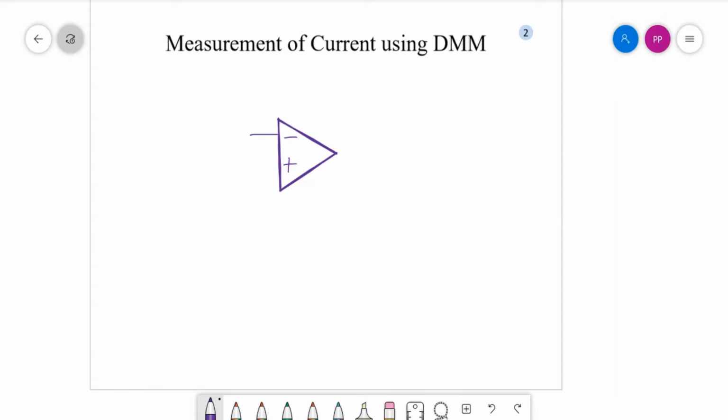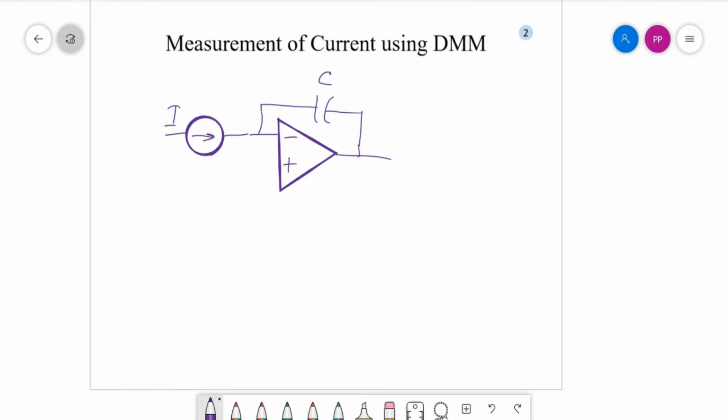So the inverting input is given a feedback through a capacitor. So I have to integrate this capacitor over time. Then here I am giving a current source.